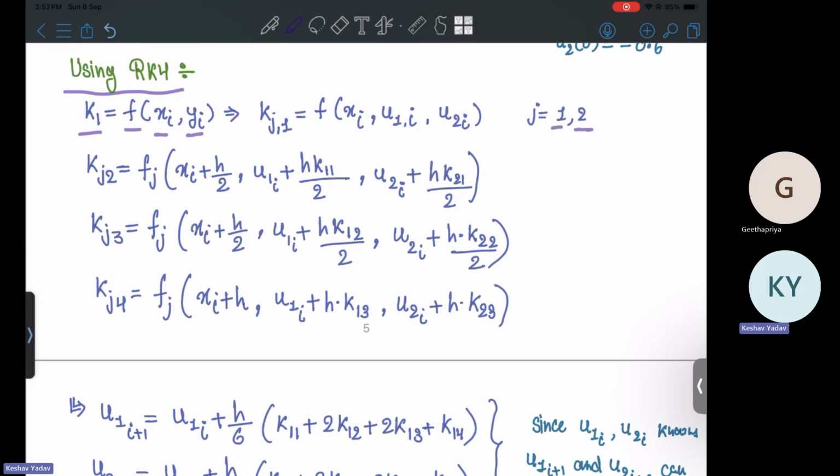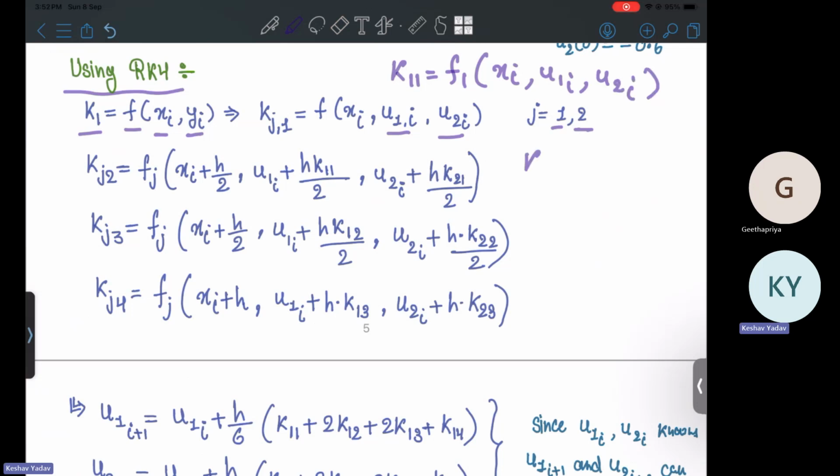So kj1 can be written as function at xi, u1 at i and u2 at i. So if I am writing for the first equation, I can write function as f1, xi comma u1 at i, u2 at i.